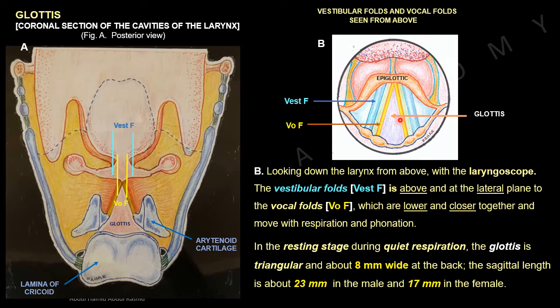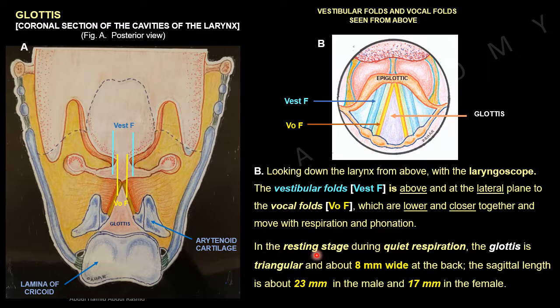If you look more, below this are your vocal folds. This is the vocal fold, here are the vocal cords. The gap between these, the glottis, is narrower compared to this opening. So the vestibular fold is above with a wider gap, and the vocal fold is below the ventricle with a narrower gap. You can see. Okay.